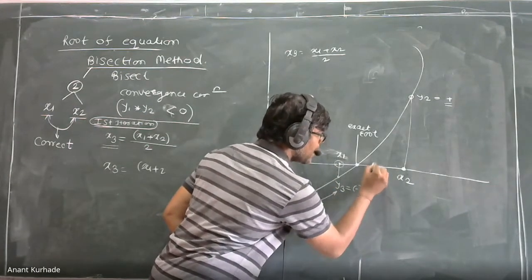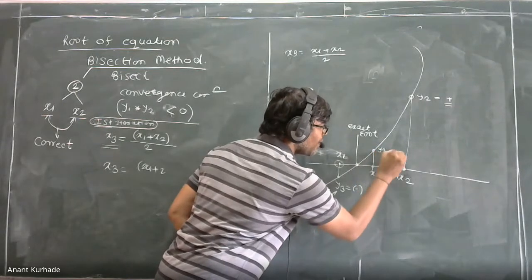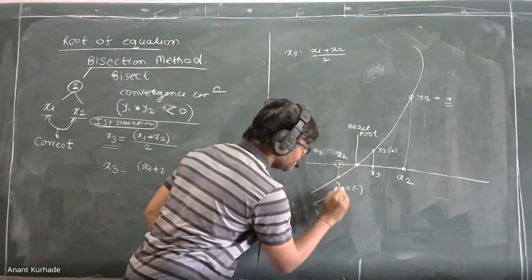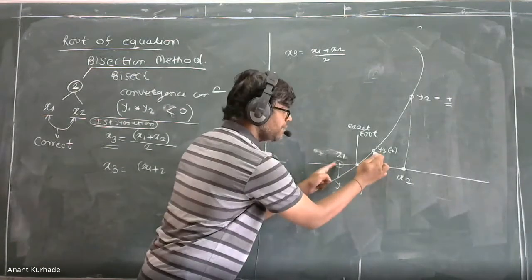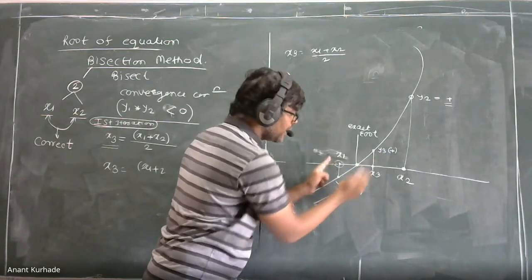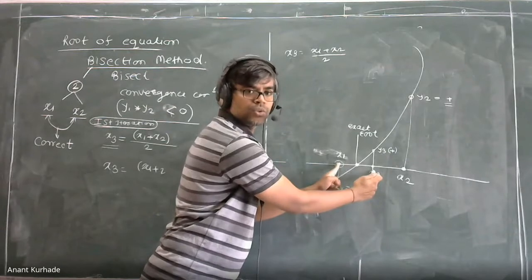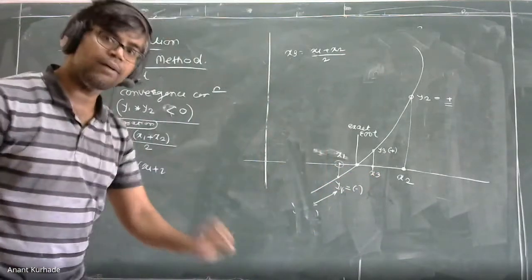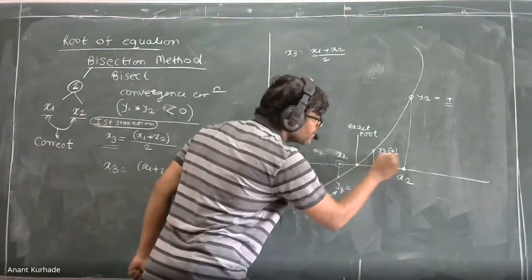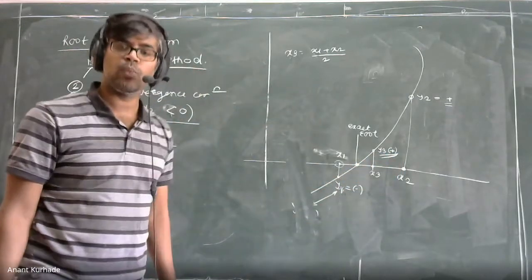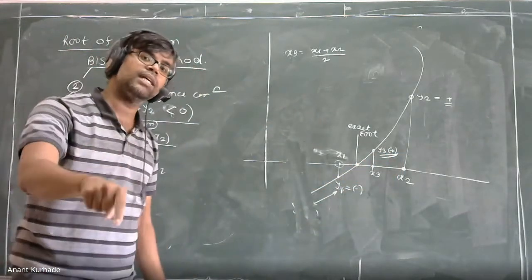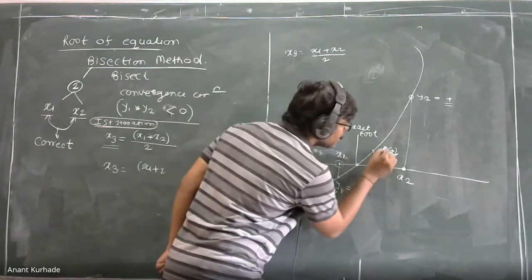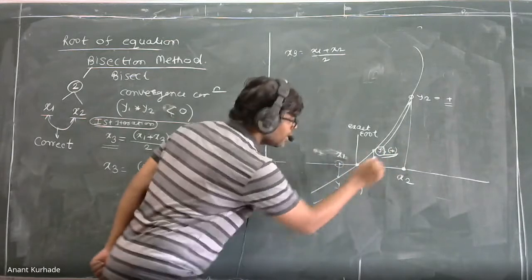Then go up. This is y3. Now here y3 has a plus sign, and y1 is minus. Taking this multiplication, it is negative, so you can see the root lies between these two. That means at each and every step, we have to check the sign of y3 and check its convergence condition with y1 and y2.